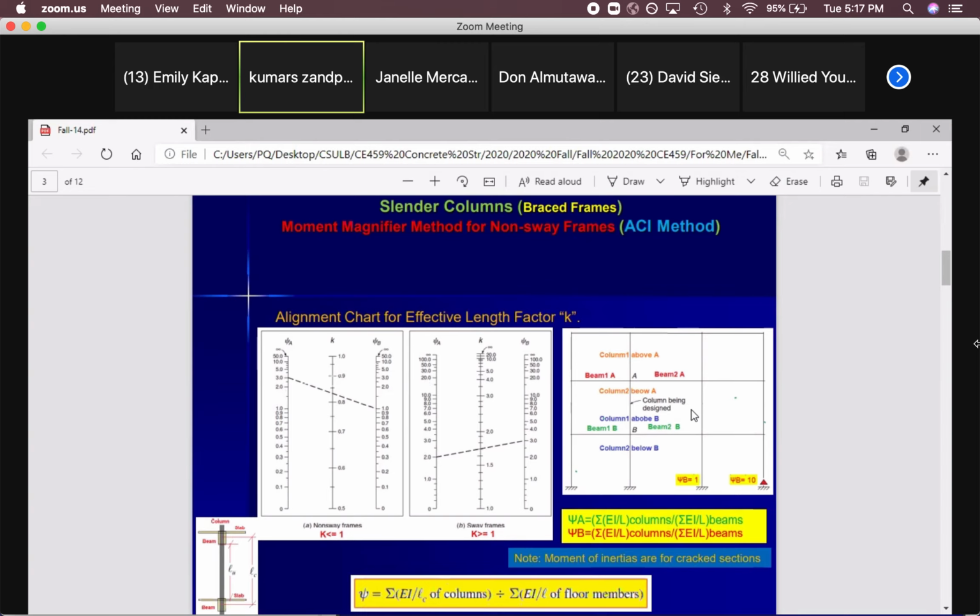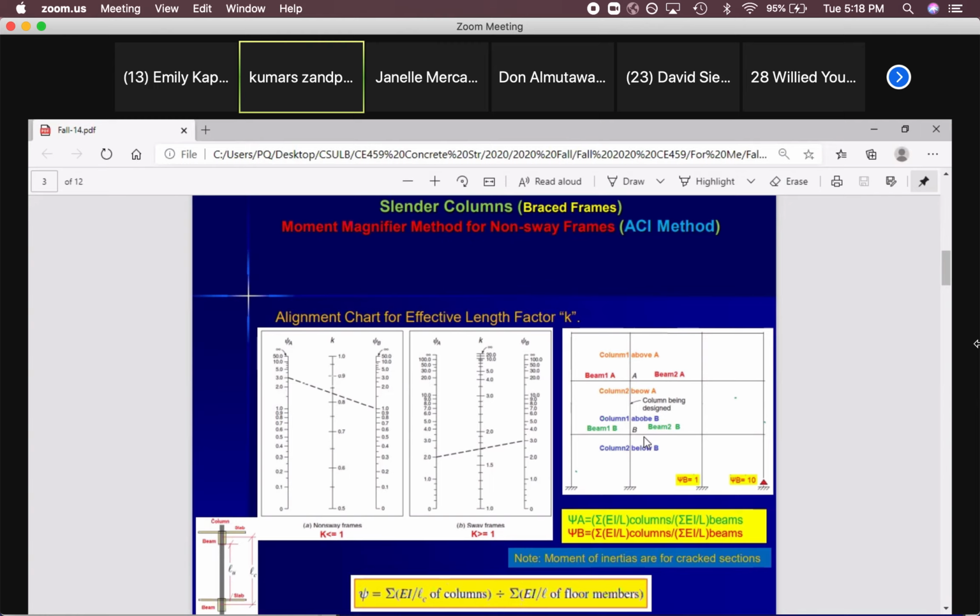It doesn't matter if it doesn't show anything here, because if you consider three-dimensional space frames for the structure, then if the whole system is braced, you can consider that as braced. Or you check the Q and it's less than or equal to 0.05, so it's braced. So we consider this as a braced frame.